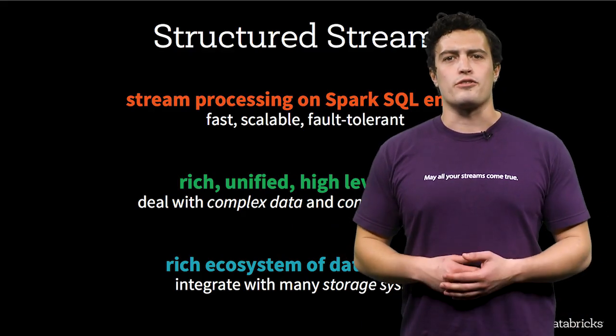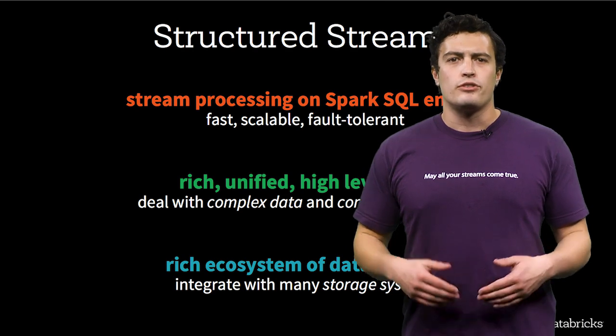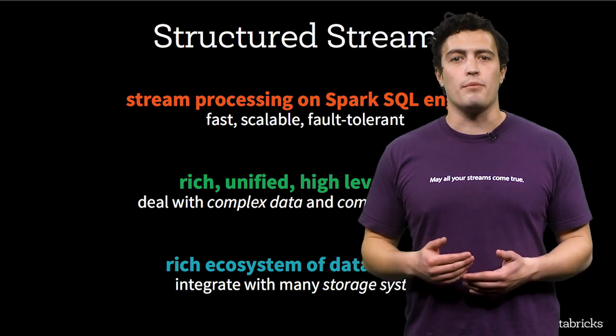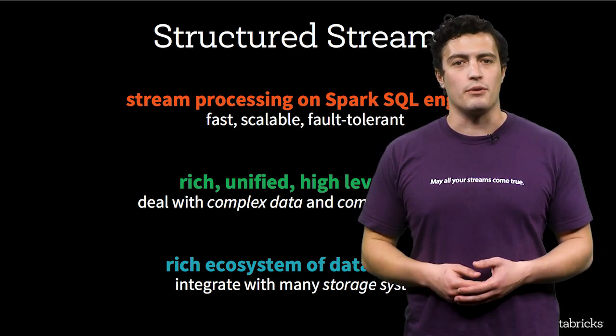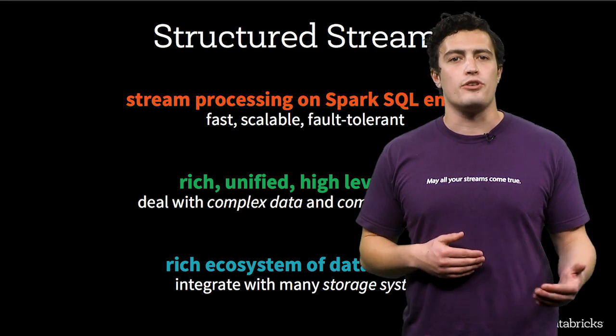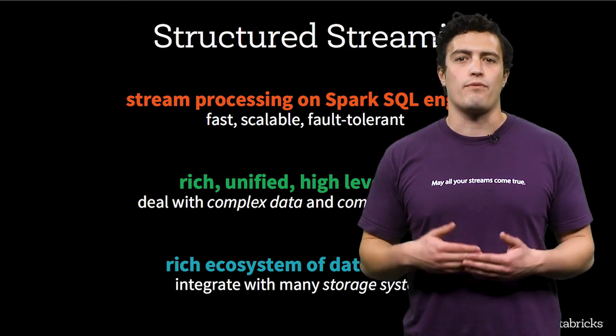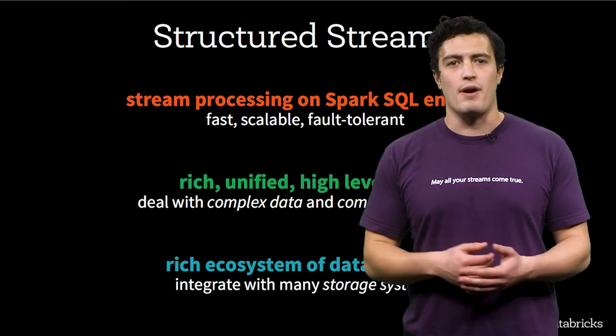So what makes structured streaming so awesome? Structured streaming makes working with streaming data accessible and easy to develop on because it's built on Spark SQL, which means the computations you use for batch and static data are the same computations you'll write for your structured streaming data pipelines.